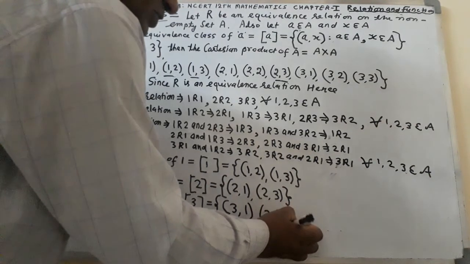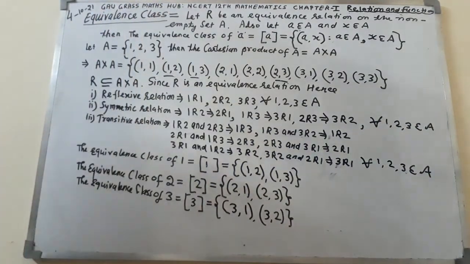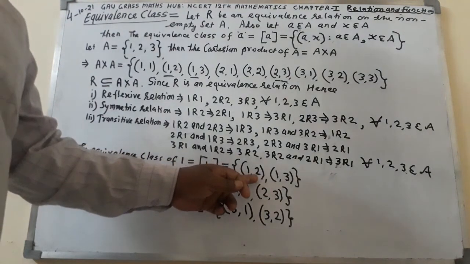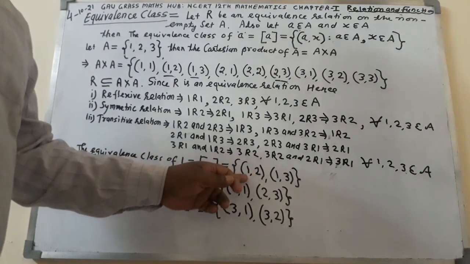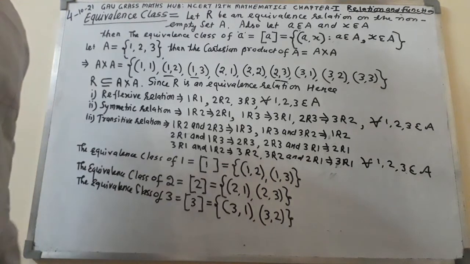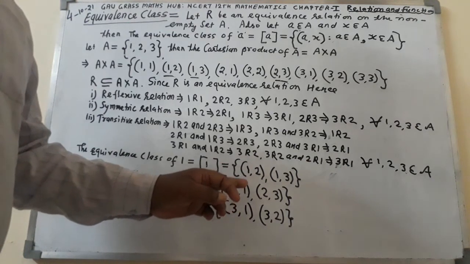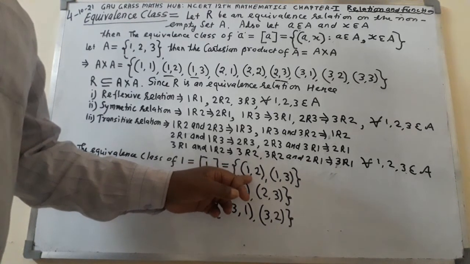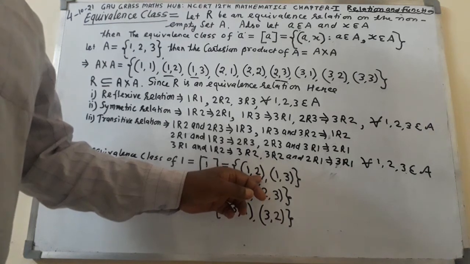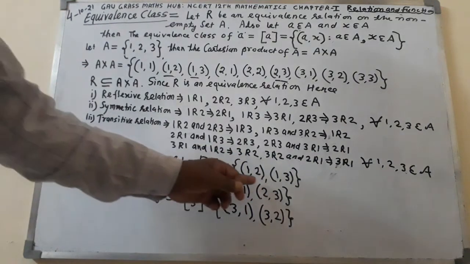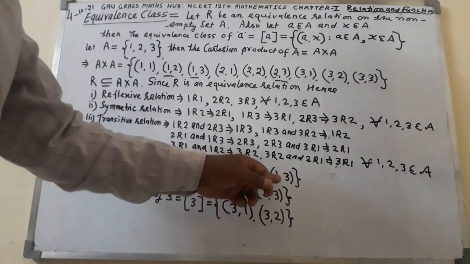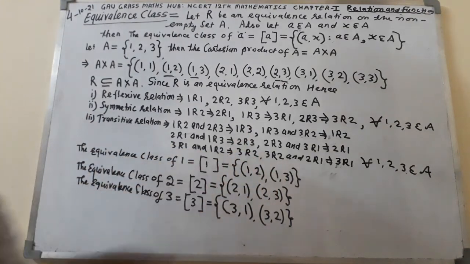Curly bracket. So here you can see in any ordered pair, first element and second element must be different. Here 1 2, not 1 1, not 3 3, not 2 2, must not be there.